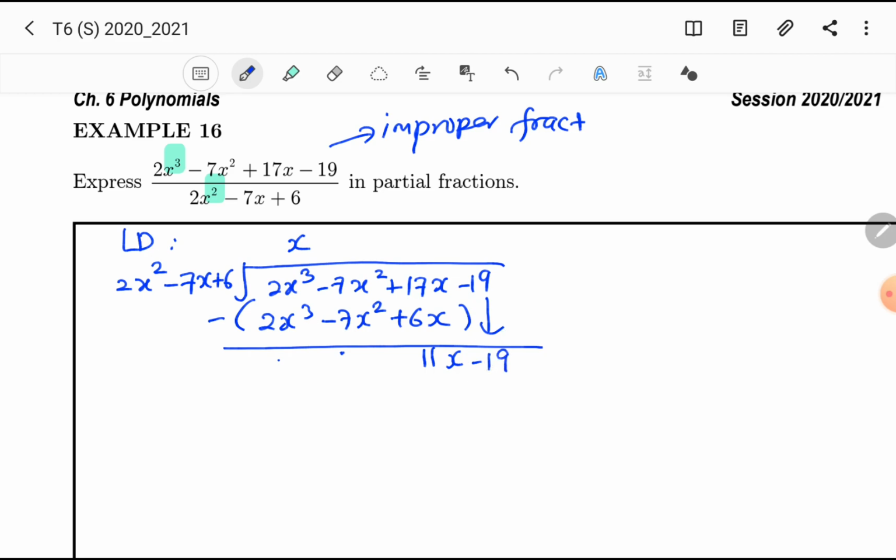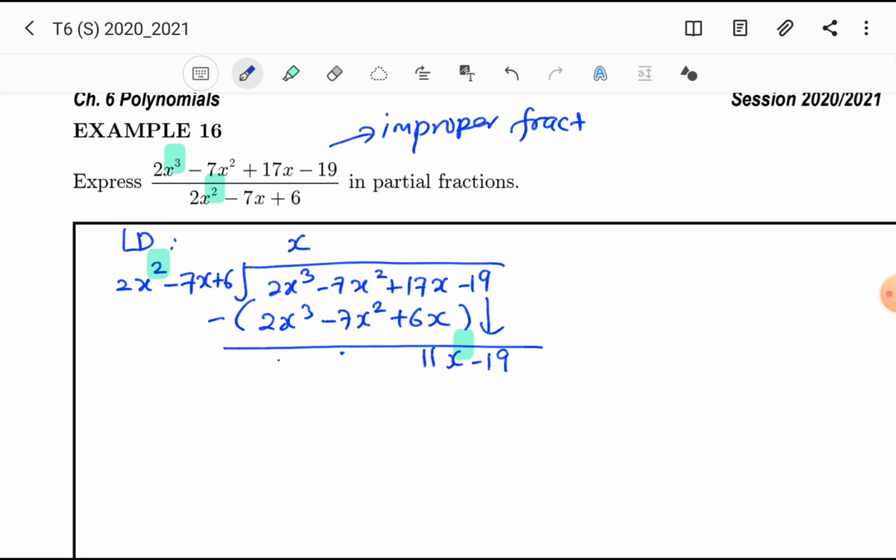Dan kalau awak tengok, power yang bawah remainder 1, power divisor 2. Okay, so we can stop lah because the remainder now is smaller than the divisor.